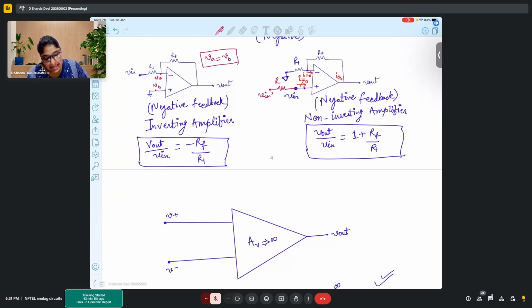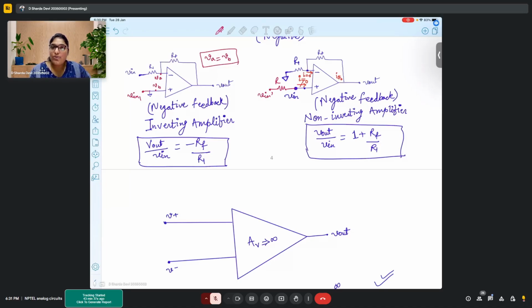Now, let's say in case of ground, if this was my V in 1, for example, here again my VA is a floating node. Floating nodes are those nodes whose voltages are not fixed. They can change.